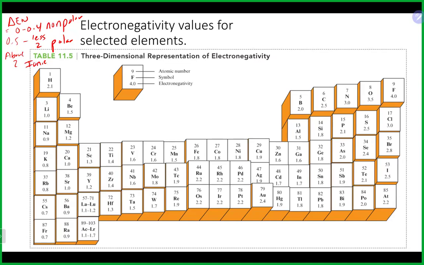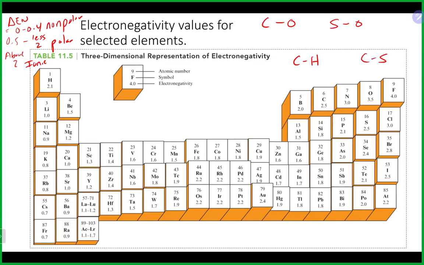So I did a few that we did earlier to take a look at it. Why don't you try calculating a few of these here? Let's say we have the bond between carbon and oxygen. Let's do sulfur and oxygen. Let's do carbon and hydrogen. Let's do carbon and sulfur.